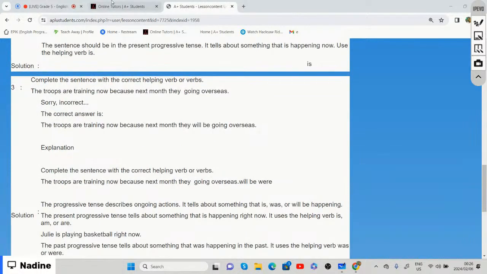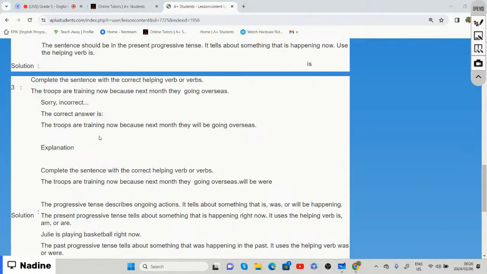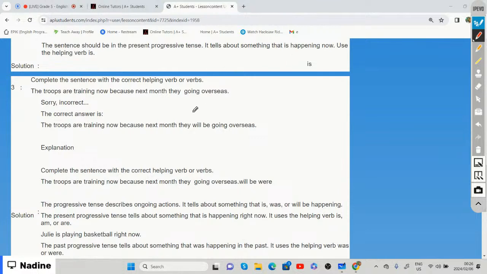All right. Then it says we need to complete the sentence with the correct helping verb or helping verbs. The troops are training now because next month, so the troops are training now because next month we're going to add our helping verb over there.